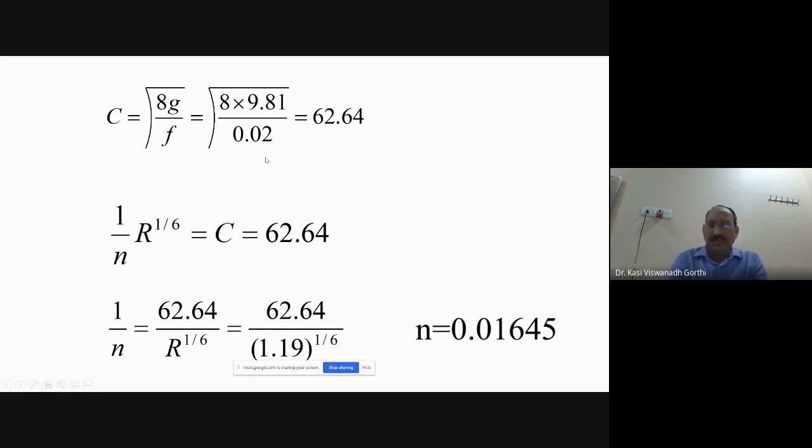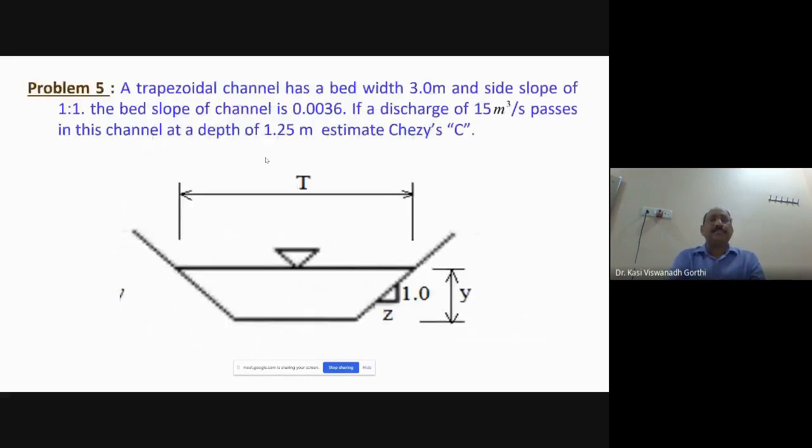So this problem is slightly different from the earlier problems. In the earlier problems, it may be a rectangular channel or a trapezoidal channel where you are asked to find either the longitudinal slope or velocity or the discharge given all other geometric properties of the section. But in this case, given the geometric properties of the section, you are required to find the coefficients like Chezy's coefficient, Manning's coefficient, etc.